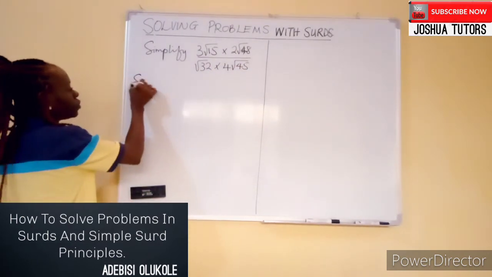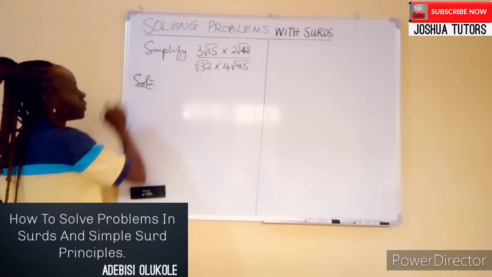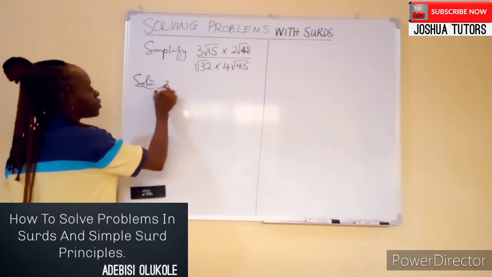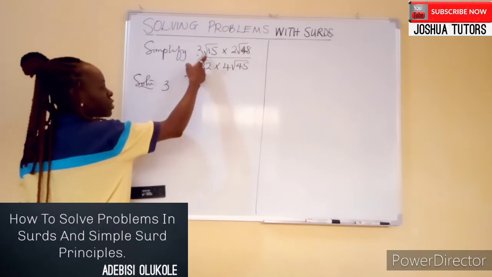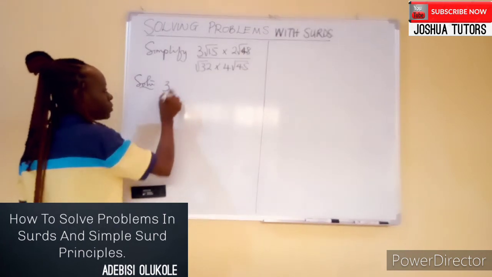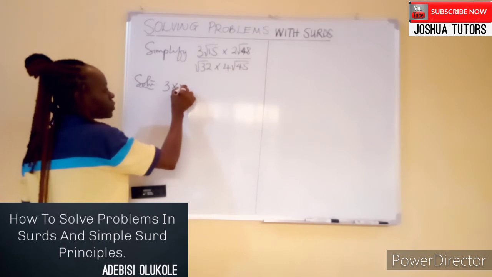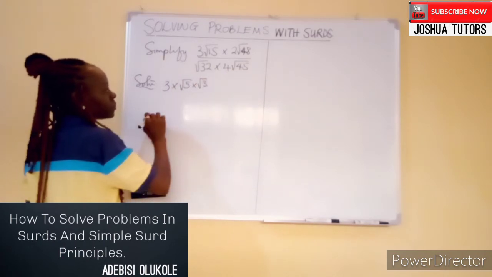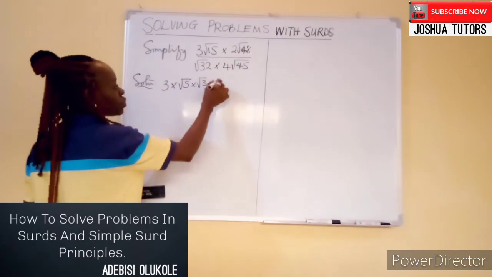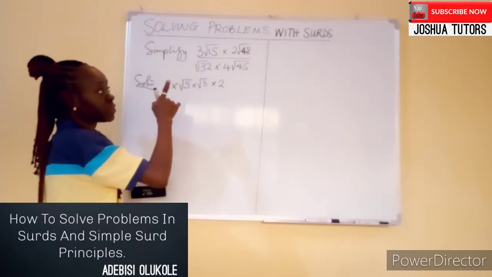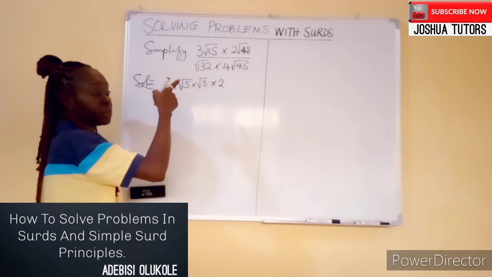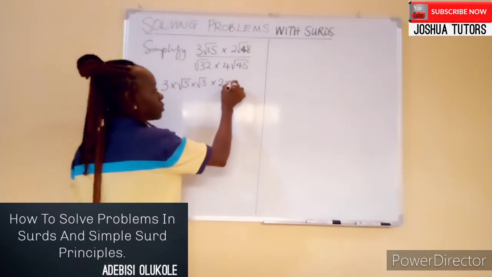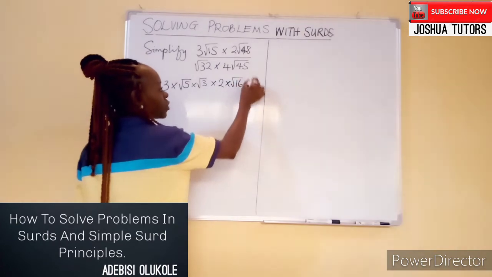Let's go. 3 surd 15, I'm splitting the surd now. 3 times surd 15 is surd 5 times surd 3. That's my 15. Times 2 surd 48. In 48, you have 16 times 3. So that's 2 times surd 16 times surd 3.